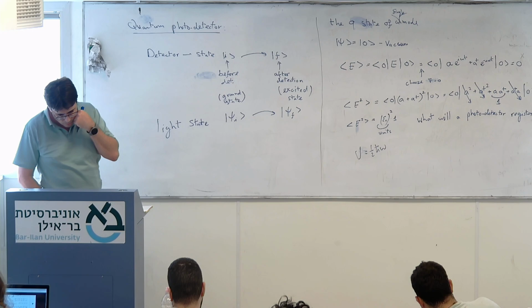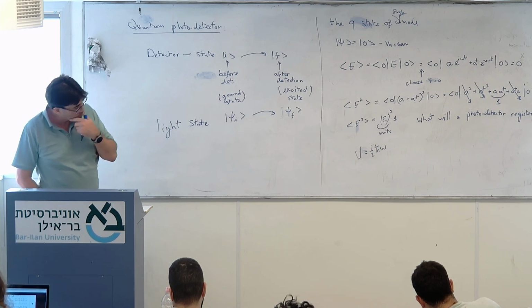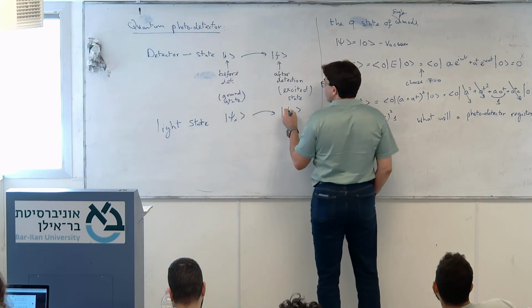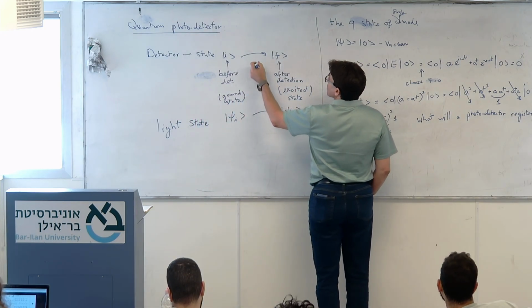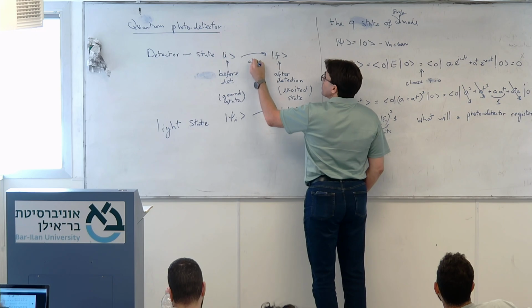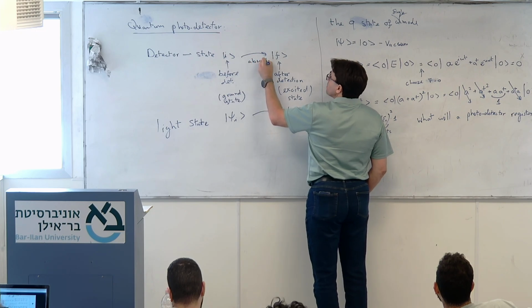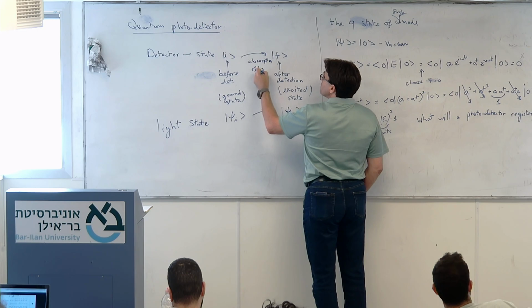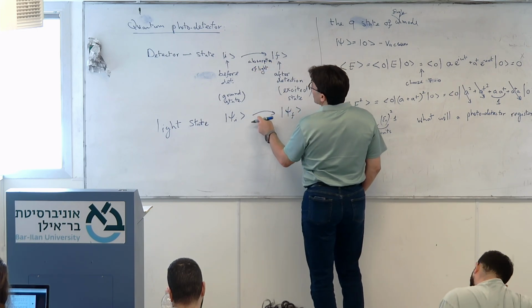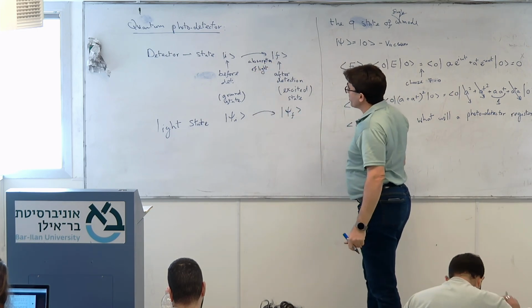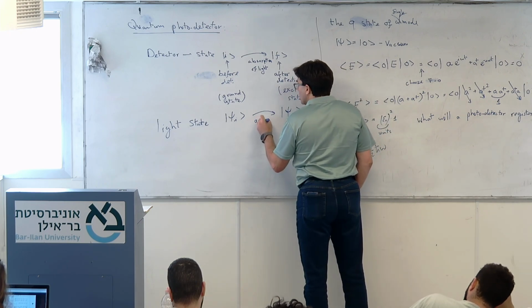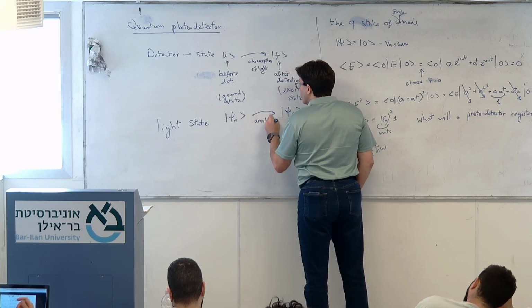and when we think about, what is the transition here? So here there was absorption, and here there must have been annihilation of a photon.